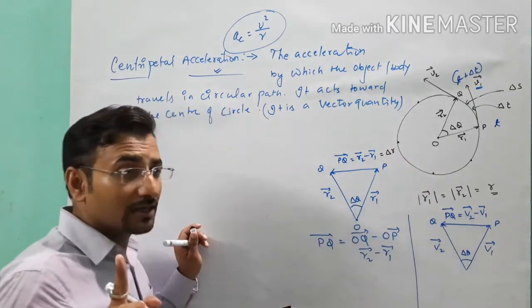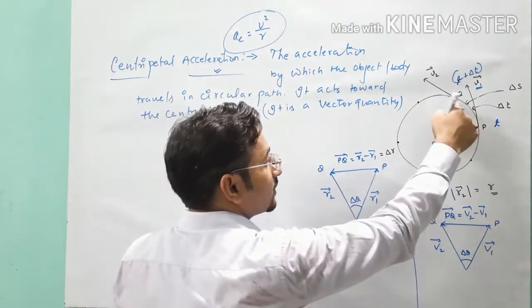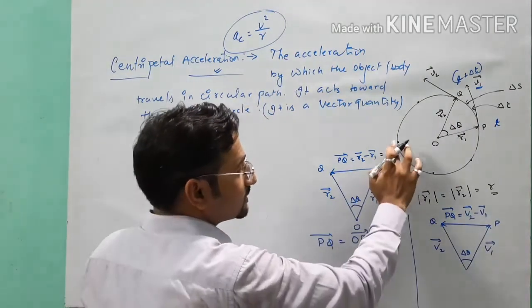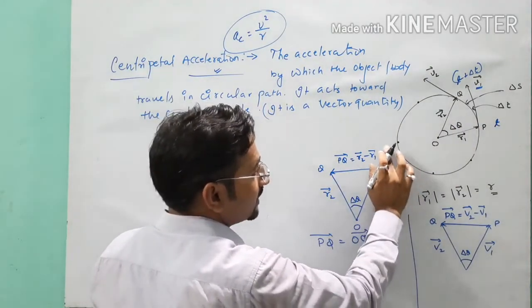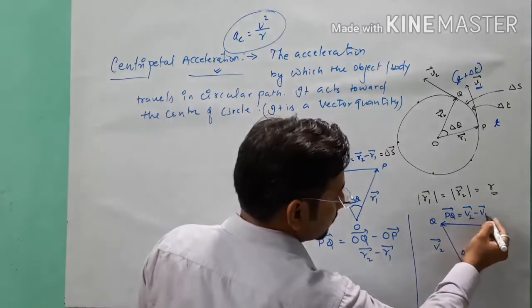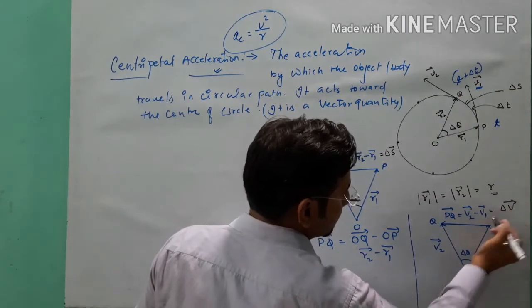Delta r, listen carefully, r is not the radius here, delta r is the displacement, or you can say the magnitude of the arc length. That's why I am writing here delta s vector. Similarly, the difference of these two velocities I will represent by delta v vector.